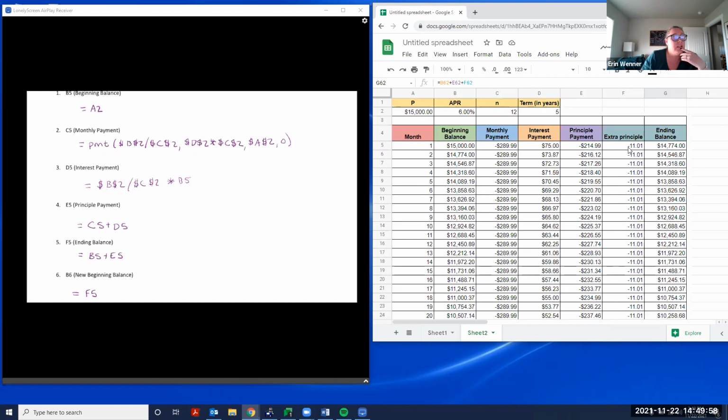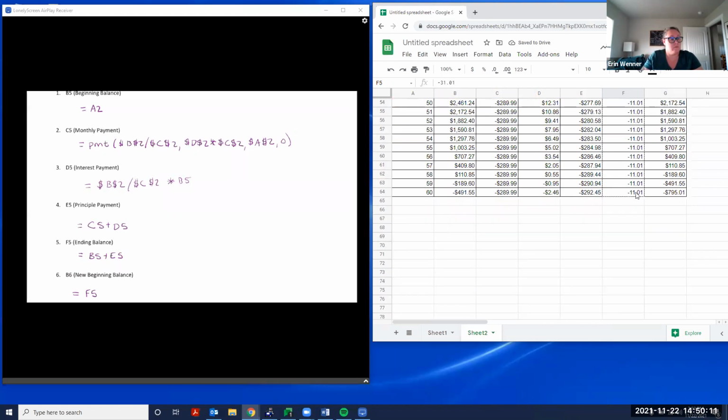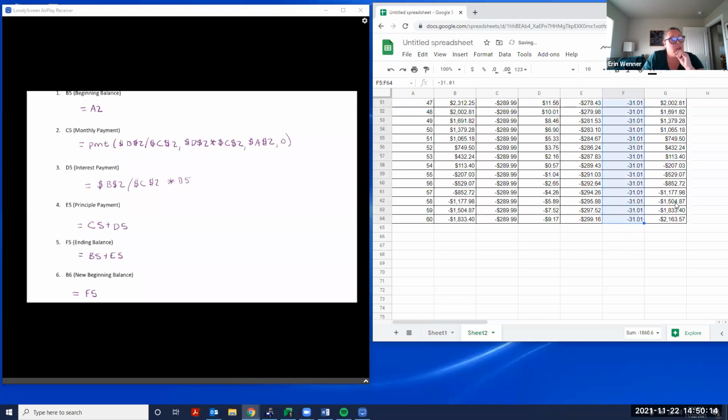Okay, so what if we increase our amount to, I don't know, be wild, $31 extra, okay? Now we're paying our loan off 6 months sooner, right? So just making an extra $31 payment does in fact bring our loan amount down more quickly, right? Because you end up paying off that interest more quickly.